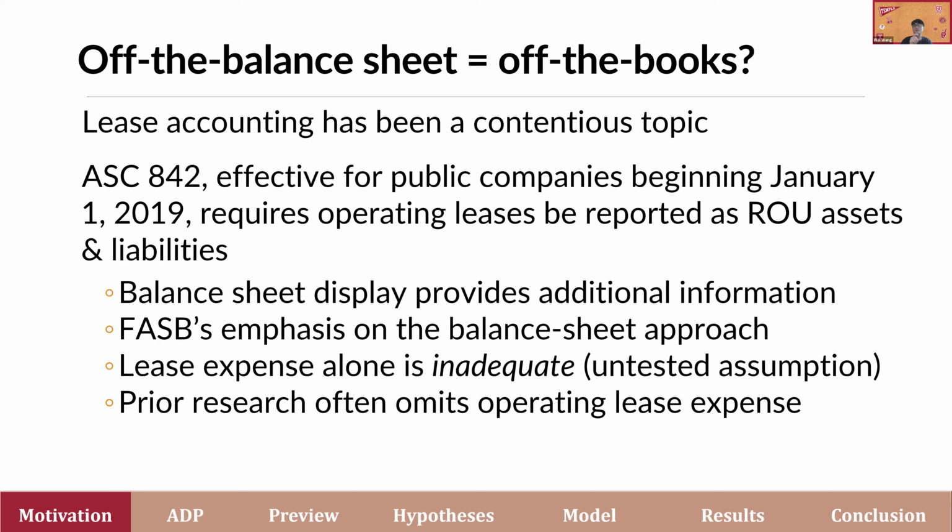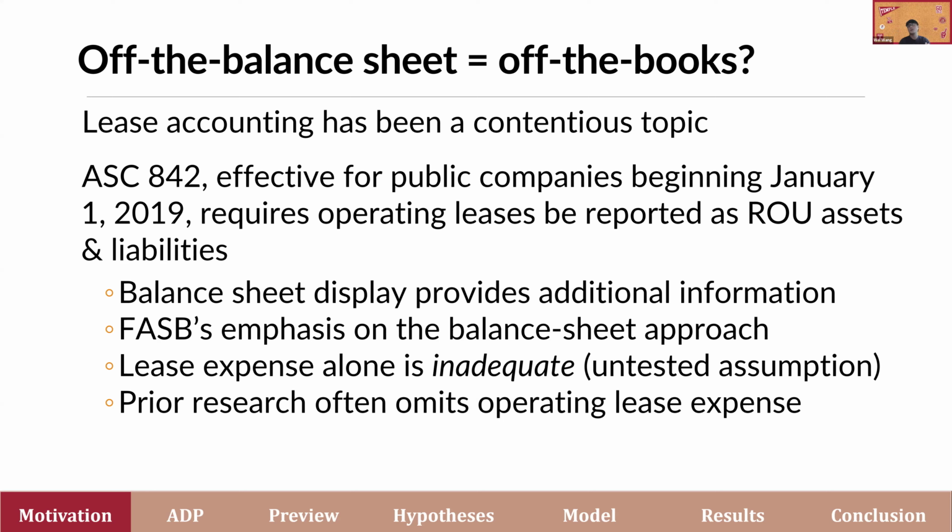I will get to how our paper fits this ADP research agenda, and one of the ways in which we align with ADP is we contribute to this income statement versus balance sheet approach. Now, I do think R&D is different from operating leases, because lease expenses are highly correlated. You can easily predict how much future lease expenses will be based off today's lease expense.